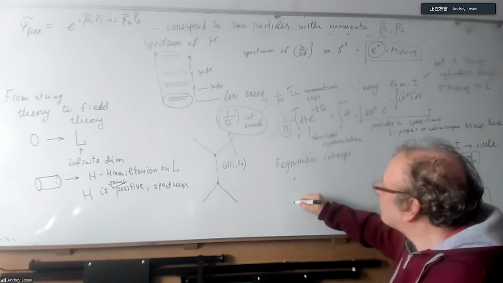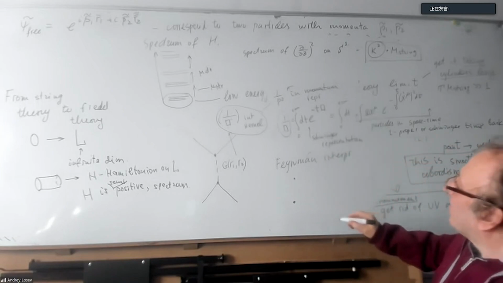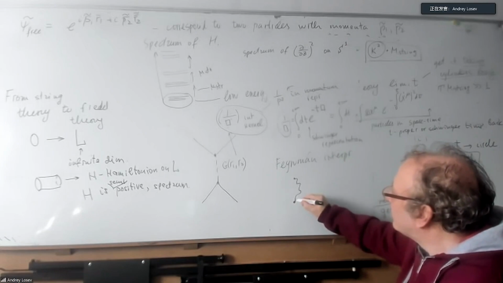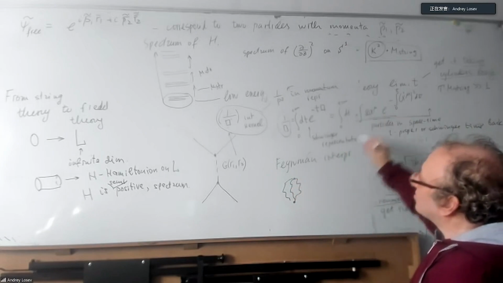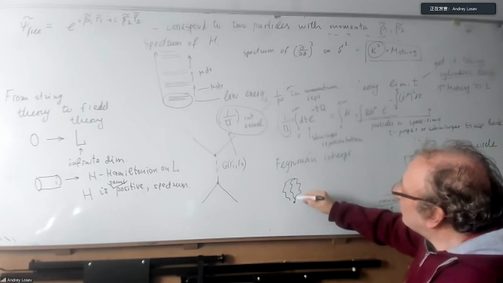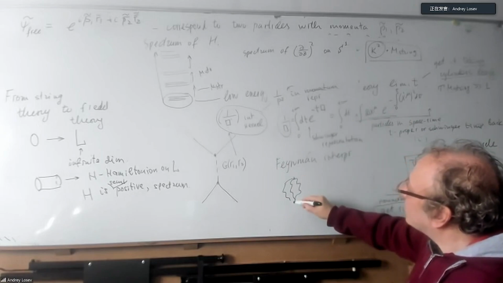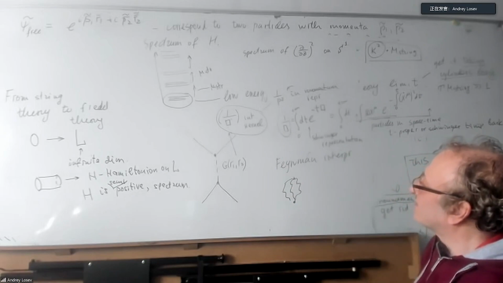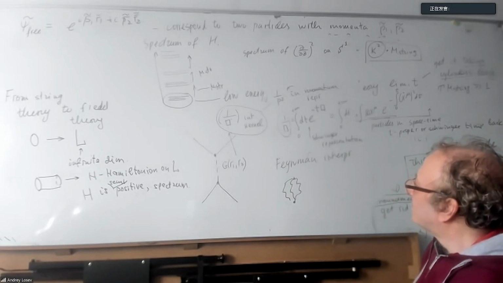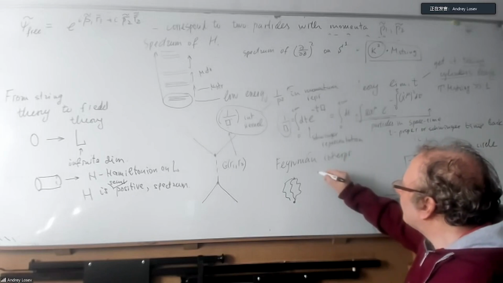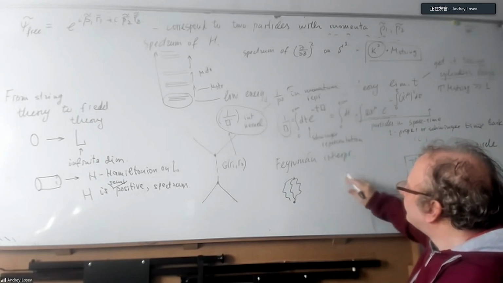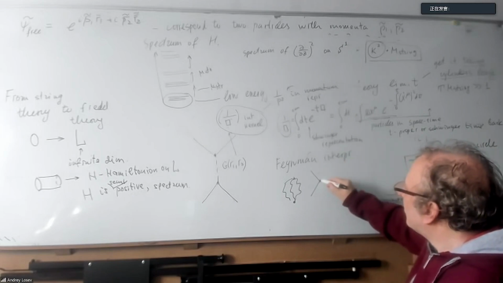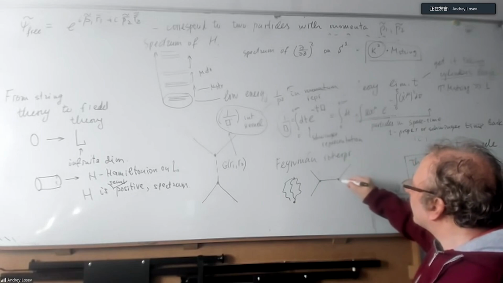So the Feynman interpretation says that here we have these trajectories, and we are integrating over this wavy trajectory. Let us consider the simplest diagram.